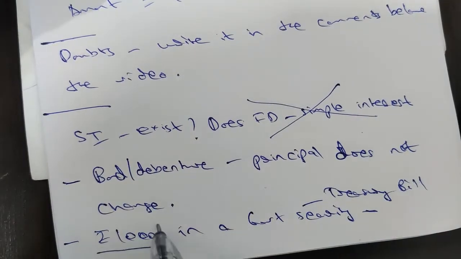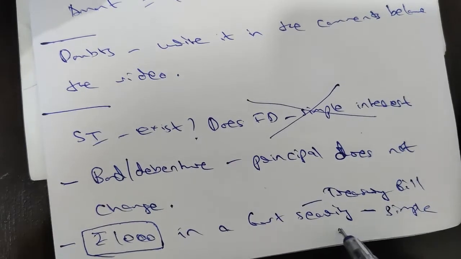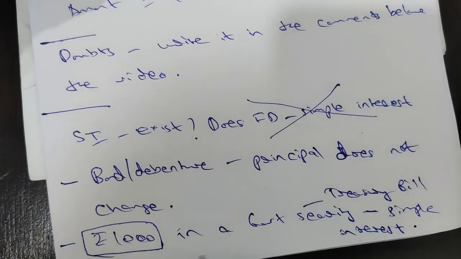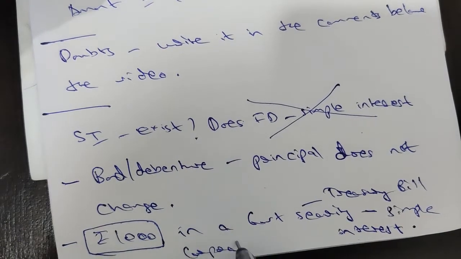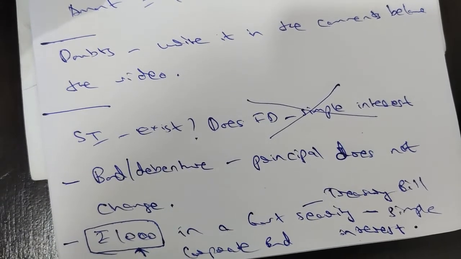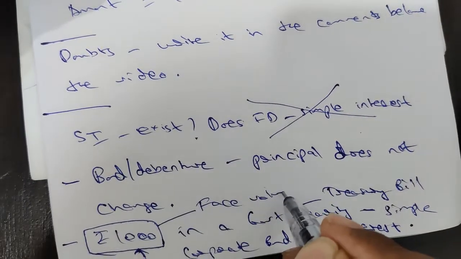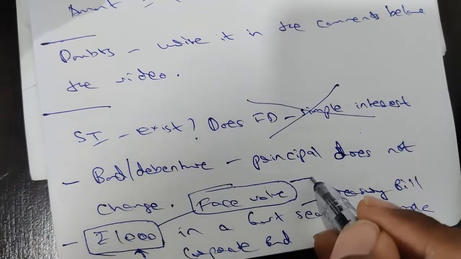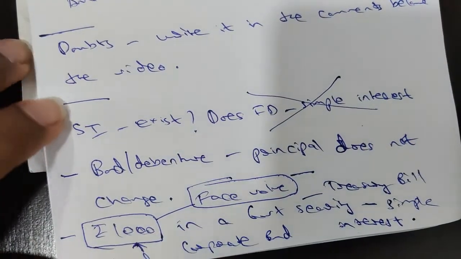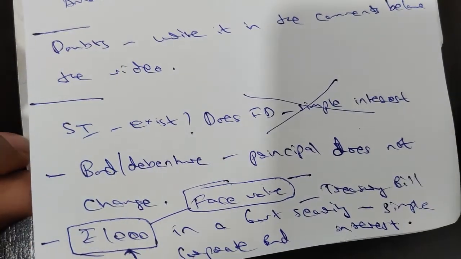Here on rupees 1000, we see simple interest. Apart from that, also in a corporate bond, because the amount invested remains fixed, or the face value remains fixed, because you earn interest on the face value. So more on bonds in subsequent classes, just to give you a flavor that simple interest does exist, but we find it very rare.